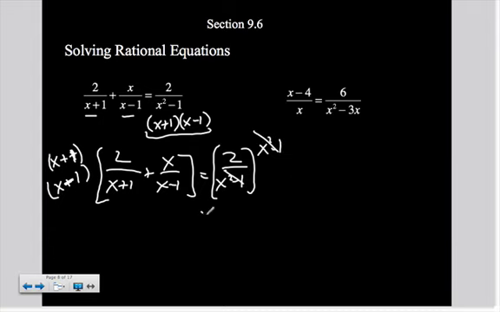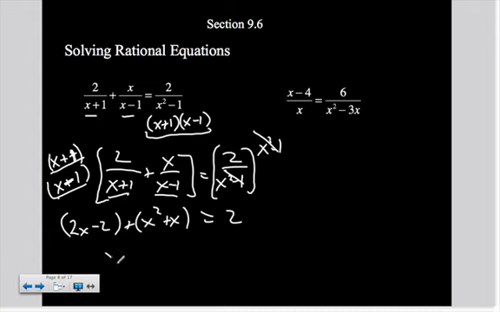This cancels with that, I just get 2. When I multiply times this fraction, the x plus 1's cancel and I get 2 times x minus 1 is 2x minus 2. When I multiply times this fraction, the x minus 1's cancel, and I get x times x plus 1. That's x squared plus x.